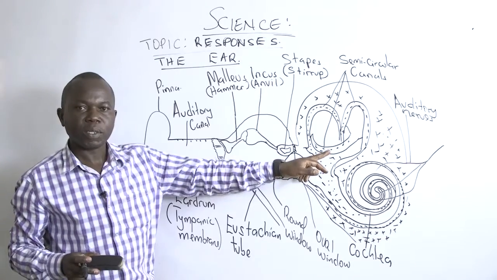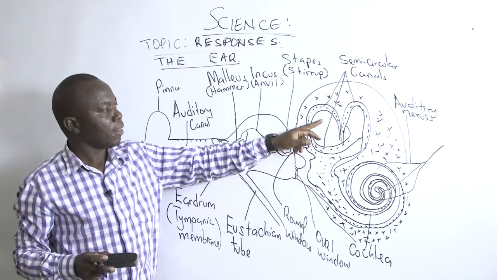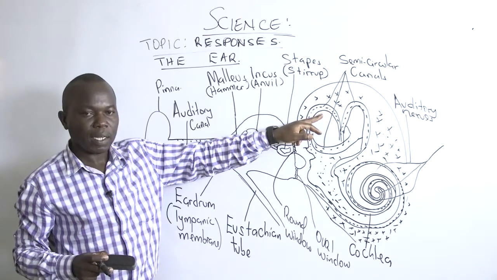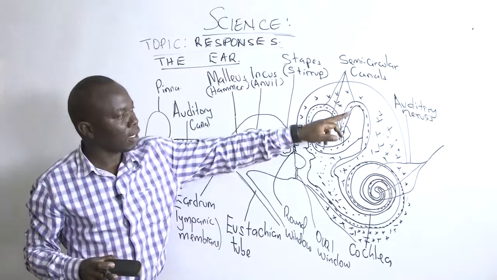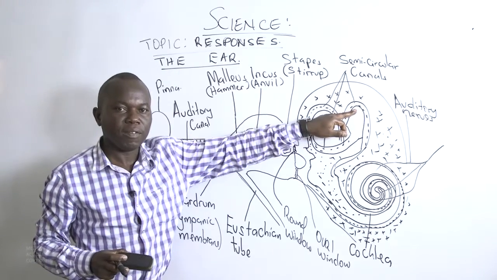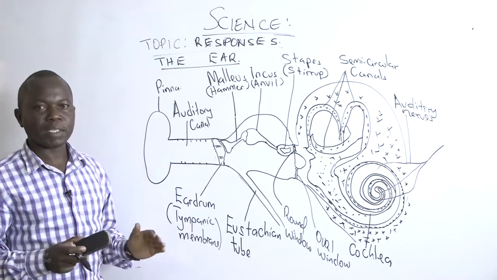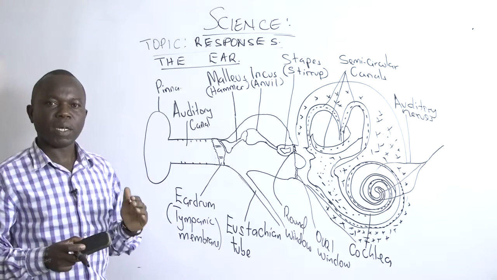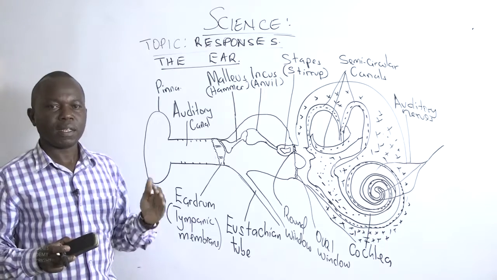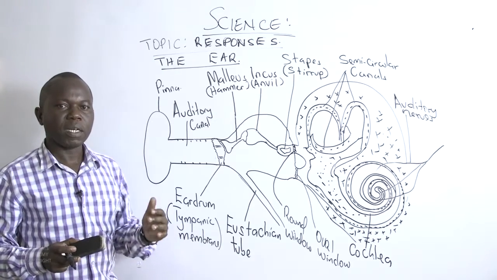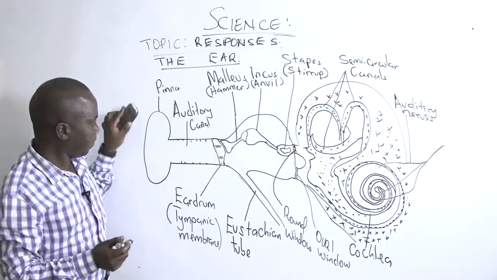We have the horizontal semicircular canal, the lateral vertical semicircular canal, and the posterior vertical canal. So we want to look at each of these parts and find out how they help in performing the two functions of the ear: perception of sound and also body balance and posture.